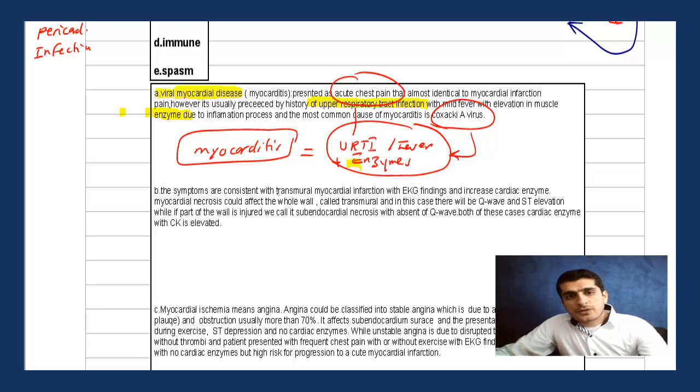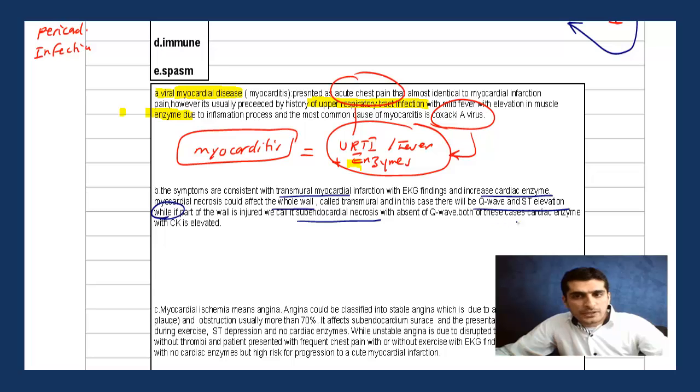The symptoms are consistent with transmural myocardial infarction with EKG findings and increased cardiac enzymes. Transmural means the whole wall, in this case Q wave and ST elevations, and the opposite is the subendocardial one.